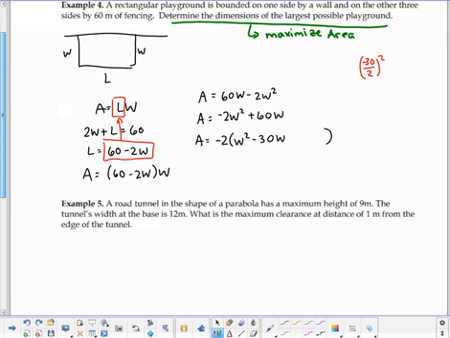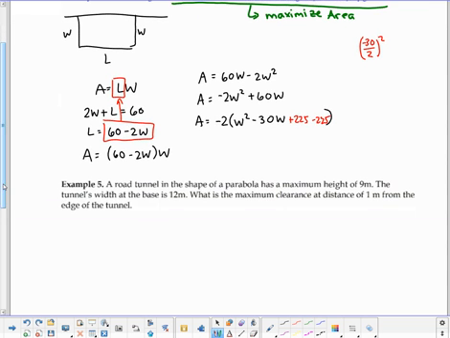What's 15 squared? 225. So when we bring out negative 225, what does it become? Plus, because we're multiplying it by negative 2, plus 450. Plus 450.